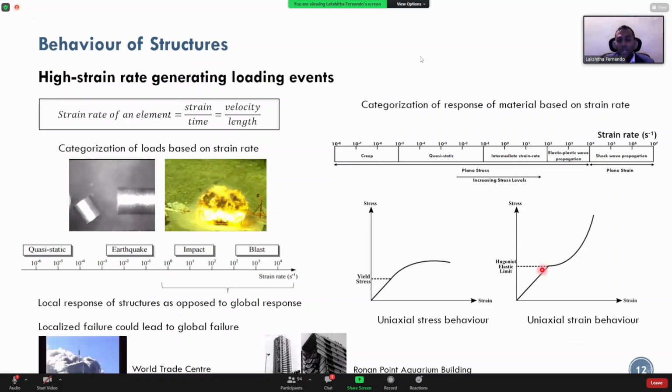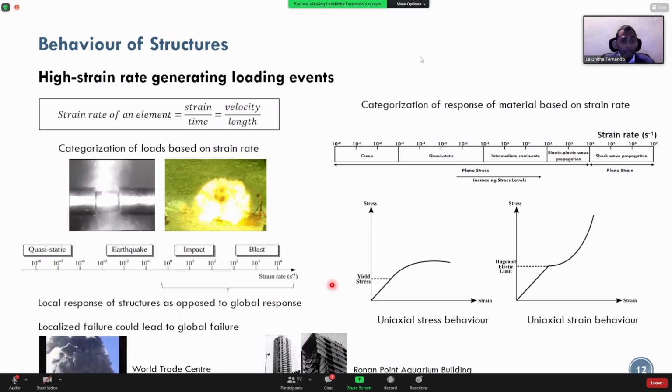That means the structure doesn't have enough time to deform in the lateral direction, so the strain is uniaxial, only in the direction of the loading. So this then becomes a more applicable stress-strain curve for this kind of an event. This is what materials generally do when we are speaking of blast loads.